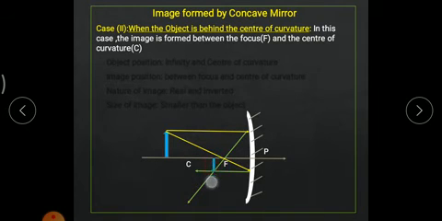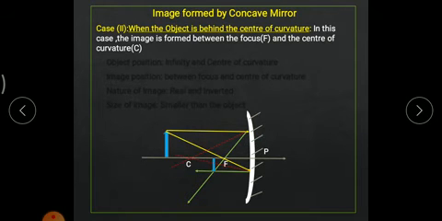It is inverted, since the arrow is upside down. Though it is a real image, it is inverted, and it is smaller than the object.